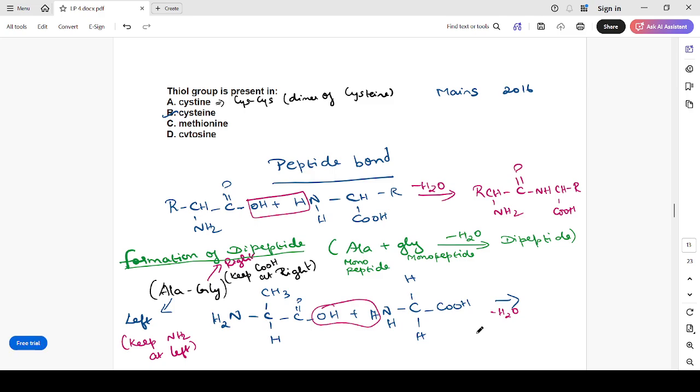Now let us learn about the peptide formation. Peptide is nothing but amide. What is an amide? When carboxylic acid reacts with amine, when you are going to remove the water, what you form is amide. So here, in this case, this amino acid has both NH2 group as well as carboxylic group. So I am taking glycine here.